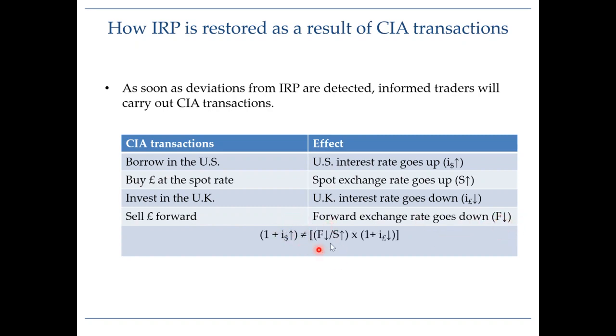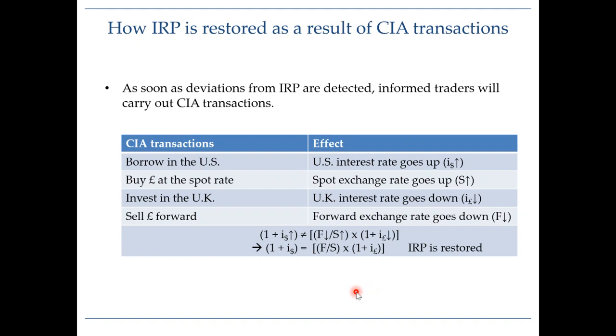So if you plug all these numbers into the interest rate parity equation, remember in the beginning interest rate parity did not hold, right? If everyone starts undertaking these transactions, then the US interest rate will go up, which means this whole left-hand side will go up. Then the net effect of all these is that the right-hand side will go down, and eventually the two sides of the equation will be equal, which means interest rate parity will be restored.